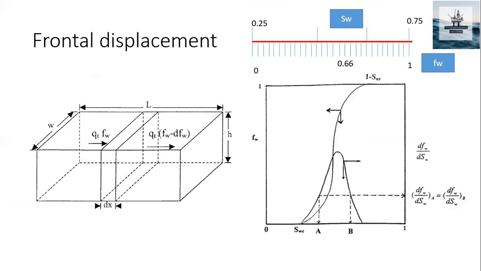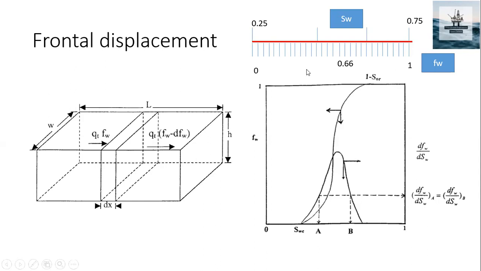Water can fill the reservoir up to 75%, and the remaining 25% it cannot fulfill. It cannot push oil and occupy that space. That means the residual oil will take its own area, and this water will not be allowed to push or bypass that particular oil. So it starts from 0.25 and it ends at 0.75.